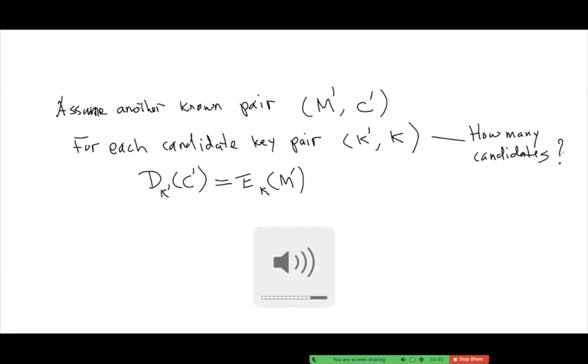It will be much smaller, so the number of such candidate key pairs is much smaller. So I apply on another known pair, and I also get candidates, and then get new candidates.